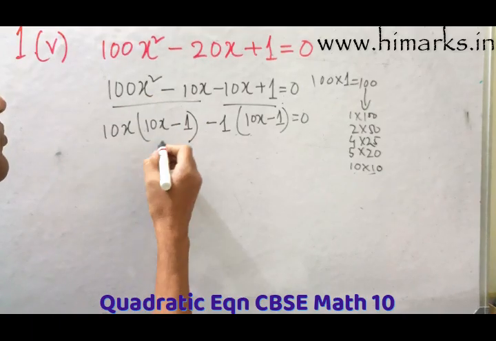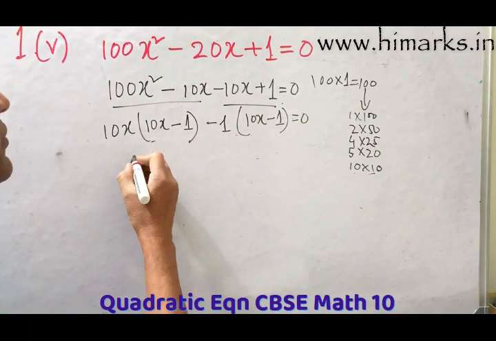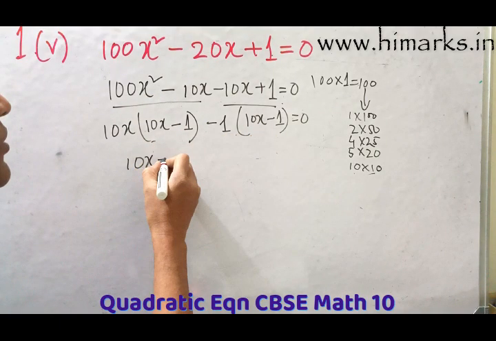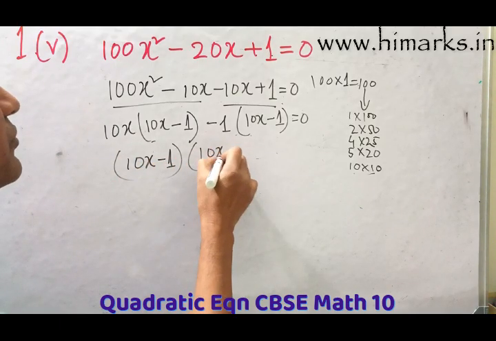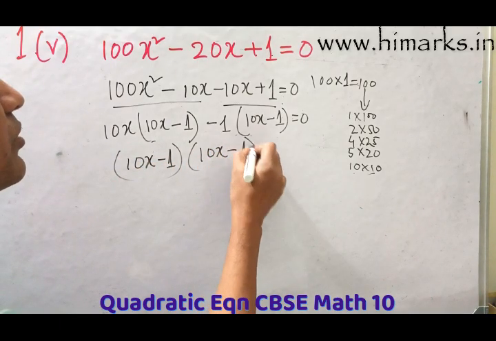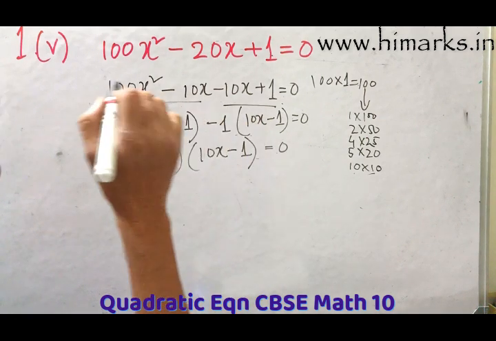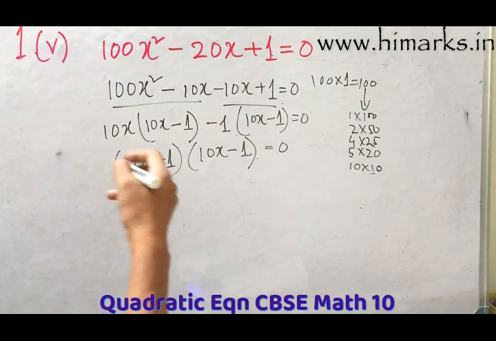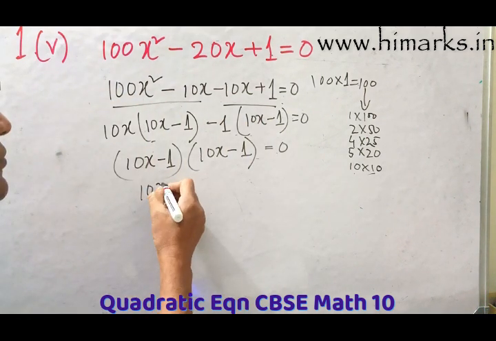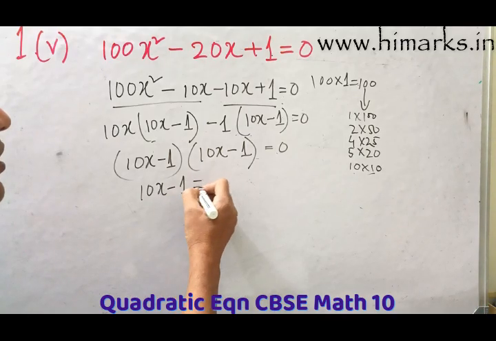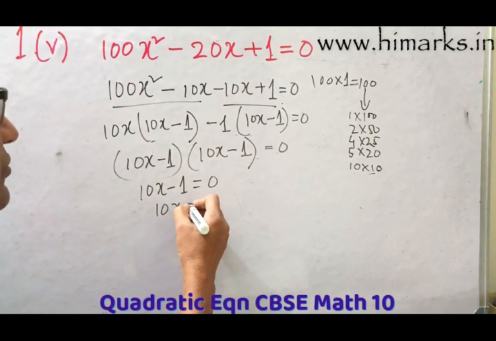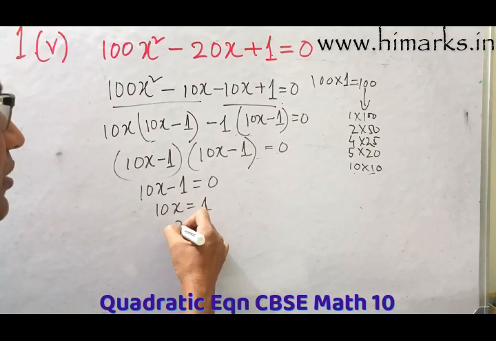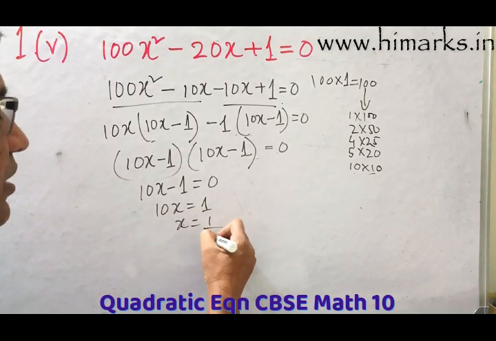Okay. So these and these, again 10x minus 1 is common between the two. So both the terms became the same. So 10x minus 1 equal to 0. So 10x equal to 1, x equal to 1 by 10.